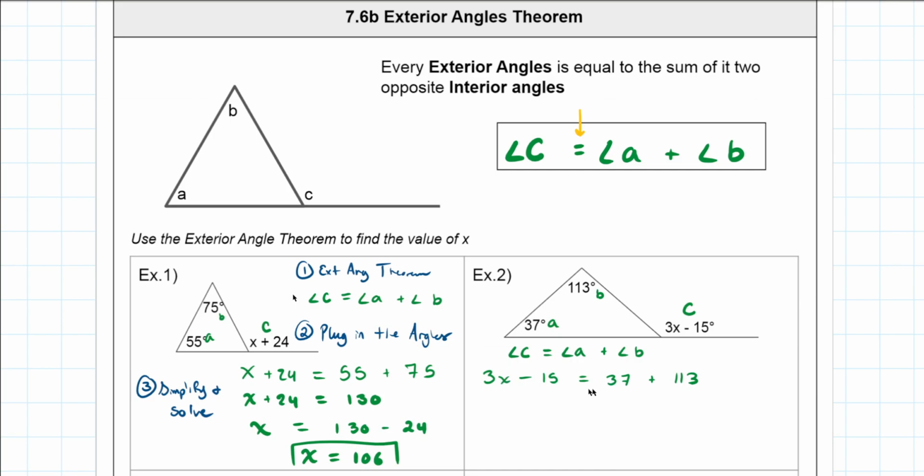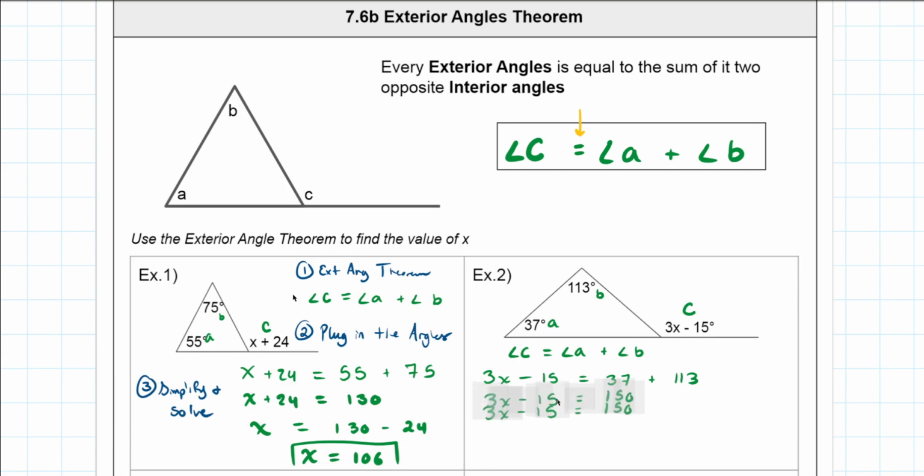All right, let's see if we can combine anything. There's nothing we can combine on the left side, so I'm just going to keep that as 3x minus 15. But I can combine these two numbers. 37 and 113 is 150.